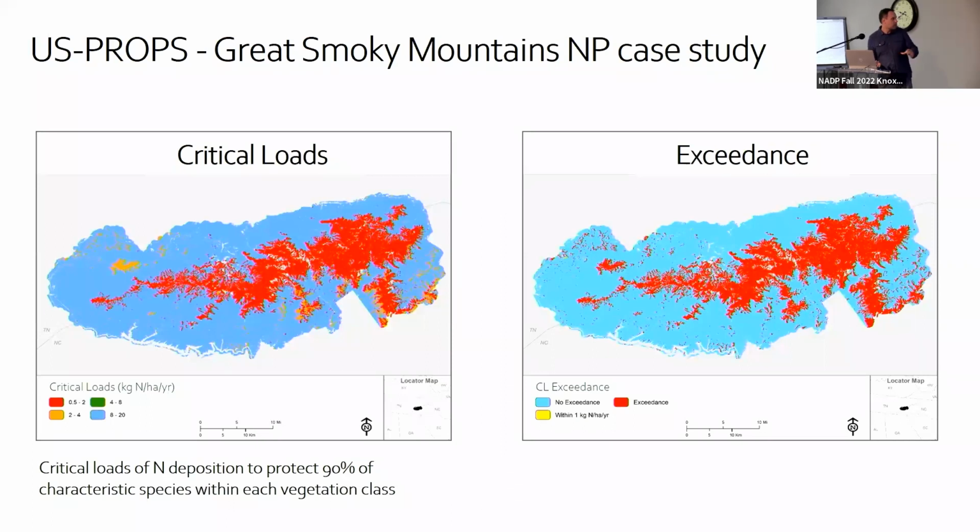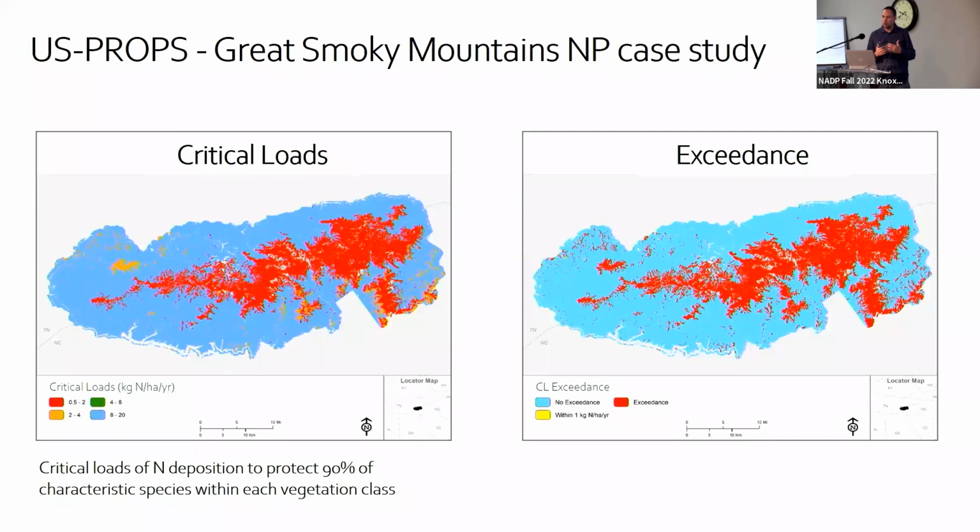Sorry for the small font, but those red areas are critical loads less than 2, and the orange area in the northwestern portion of the park has critical loads between 2 and 4. We generally find exceedance where we have the low critical loads, which makes sense.